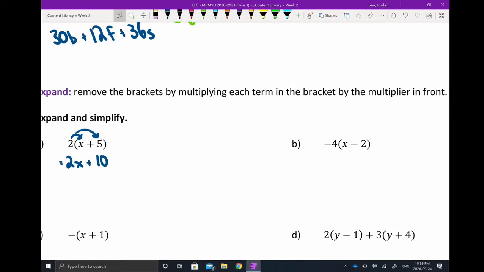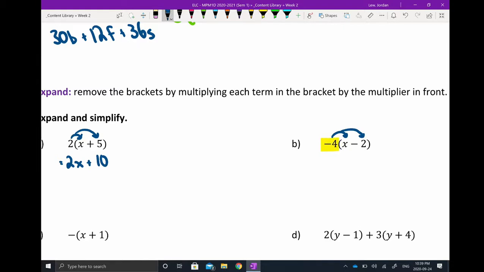For B, I have negative 4 times, and then in brackets, x minus 2. So I want to expand by getting rid of the brackets. In order to do that, I need to multiply everything inside the bracket by negative 4. Keep in mind, look at the sign in front of the term to figure out the sign of the actual term.